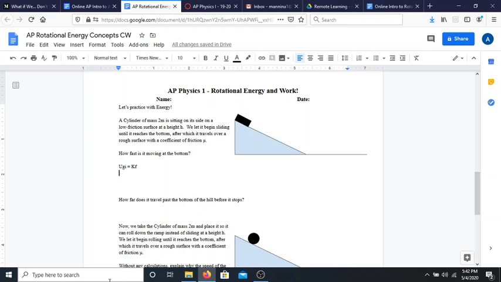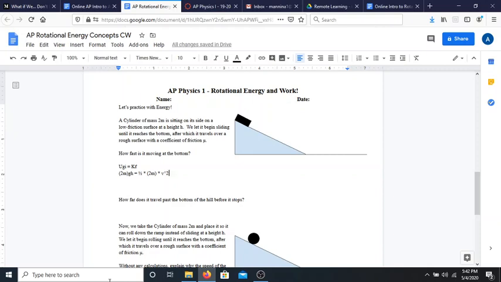Now, because it is sliding, it's not rotating at all, so it only has linear kinetic energy. When we write our formulas, we start with potential, which is mgh, the mass times the gravity field times the height. So 2m times g times h is going to equal the linear kinetic energy, 1/2 times the mass of the object, 2m, times the linear velocity squared.